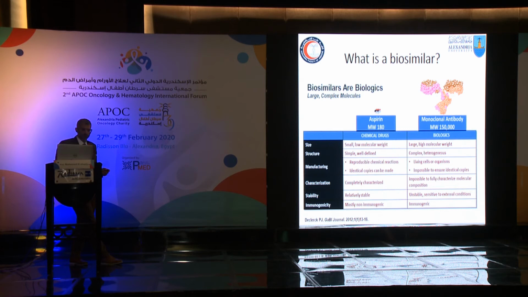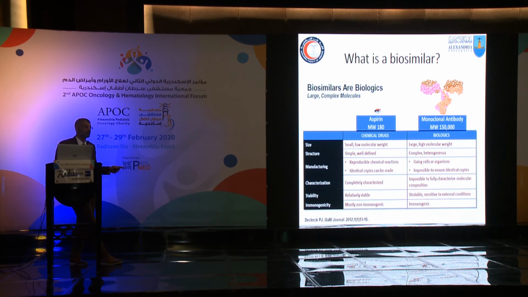It's impossible to ensure identical copies, and we'll talk about that in a minute with clinical evidence. Chemical compounds are completely characterized, whereas for the monoclonal antibody it is impossible to fully characterize the molecule that you are having.